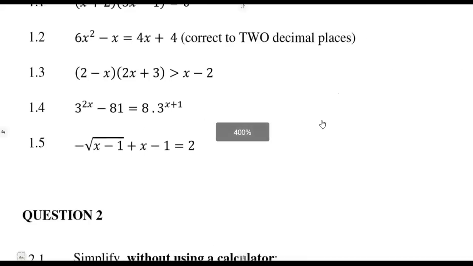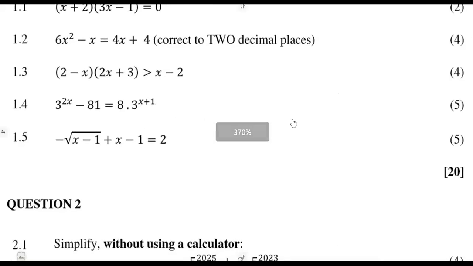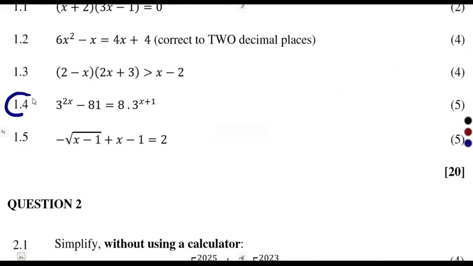1.4: again, solve for x, but this time it's part of our exponential equations. Let's also take this one aside. It was 5 marks. This was actually a nice setup of questions where you just need to be very careful in your presentation. So in terms of Gauteng questions, you have to be very, very prepared. We are going to work through different provinces and compare with others, to see how they ask these typical questions.